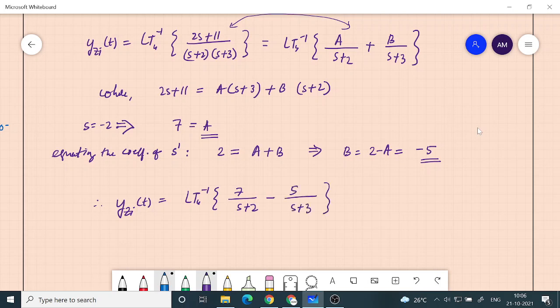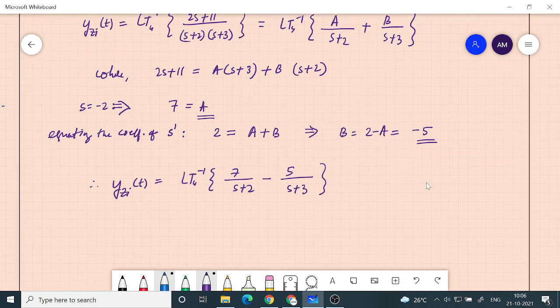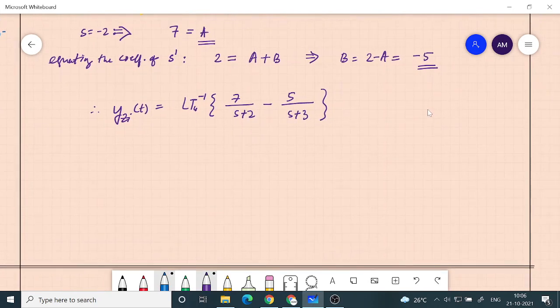Now this is in standard form, so you can write it as the inverse Laplace transform of this minus the inverse Laplace transform of this. The 7 you can also take outside, and then this will be more standard.